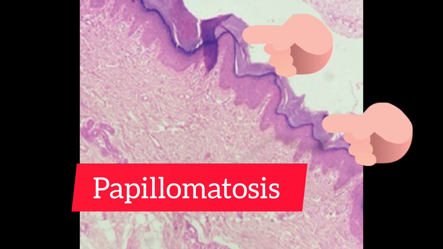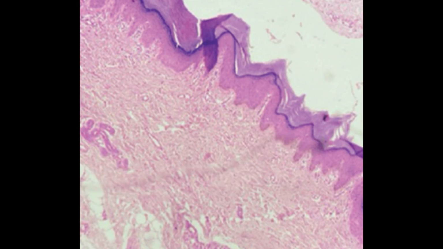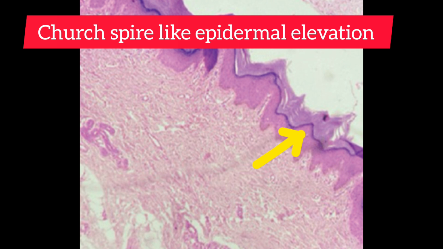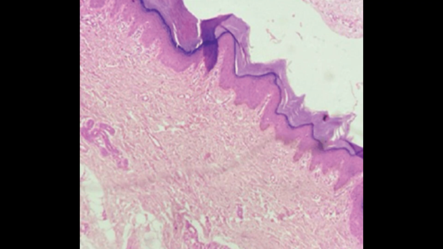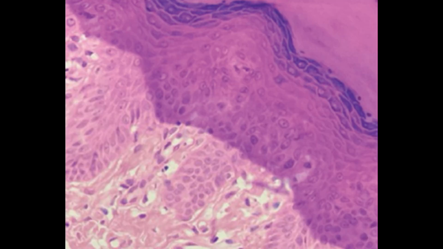And here you can characteristically see that the epidermal elevation is like a church spire. This church spire-like elevation in the epidermis is the characteristic, important finding for the diagnosis of this disorder. So these three important findings are seen in this photomicrograph: hyperkeratosis, acanthosis, and church spire.